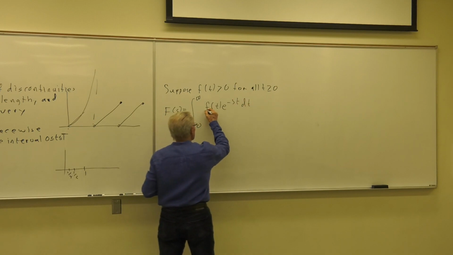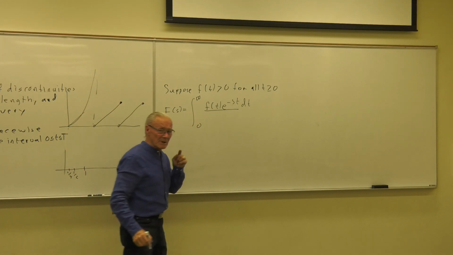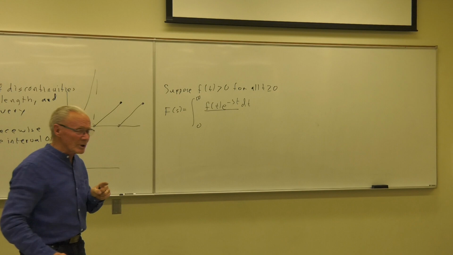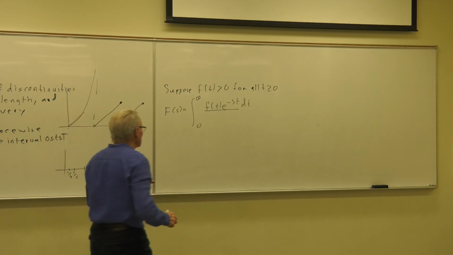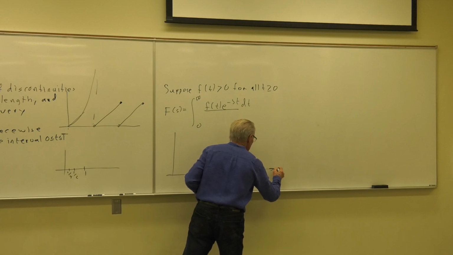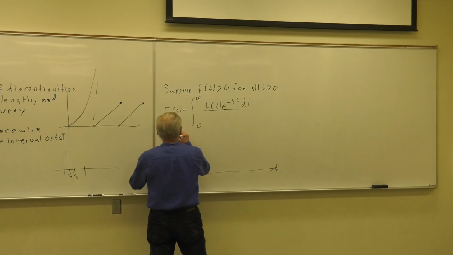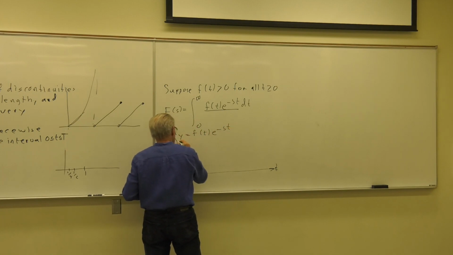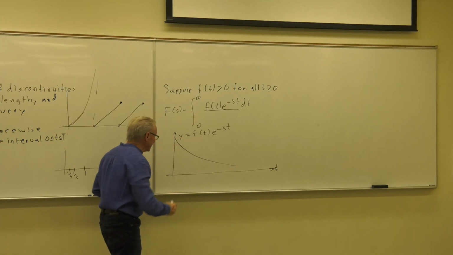Now, because f is positive and the exponential is positive, I could interpret that to be the area under the curve, if I drew the curve y is equal to f of t, e to the minus st. I would be talking about the area in here.